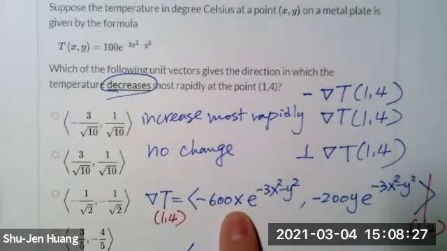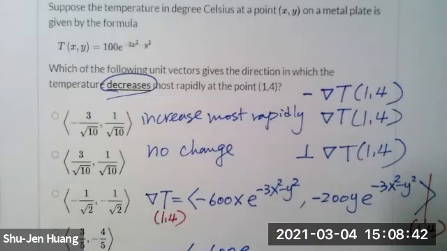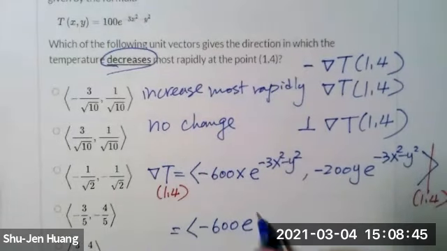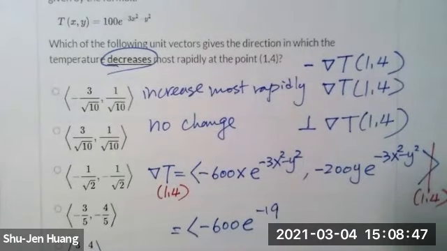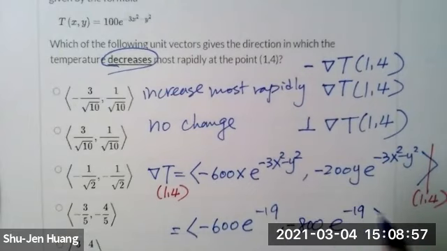Plug in x equal 1. So you'll get minus 600 e to the power minus 3 minus 16. Right? So minus 19. Am I right? And then plug in y equal to 4, so we have negative 800 e to the power negative 19.